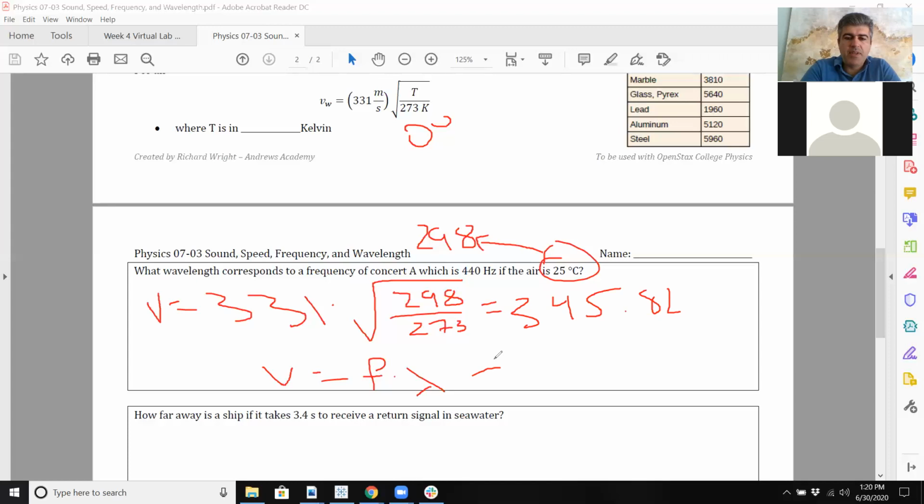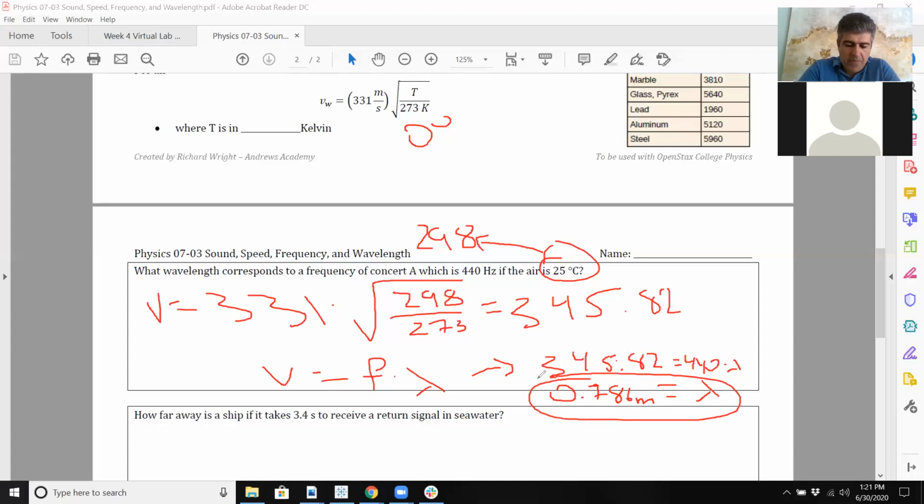So now your velocity is 345.82, and your frequency is 440 hertz, we can now solve for lambda. And the wavelength, if you do it correctly, should be 0.786 meters, mind you. Meters.